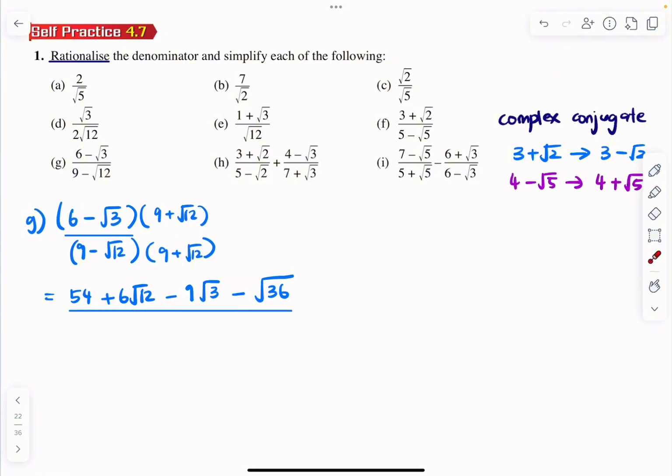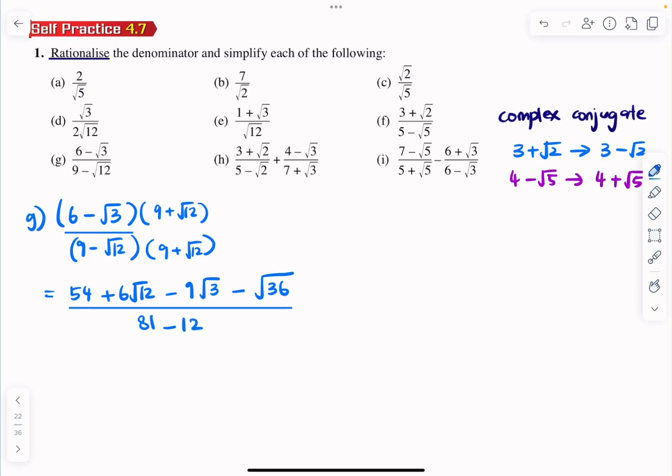Then the bottom one, 9 and 9 is 81. Remember, we don't have to do the middle part, so we just do this times this, and then this times this. So √12 times √12 will be 12, so it'll be minus 12. √12 is just 12, but don't forget the negative.